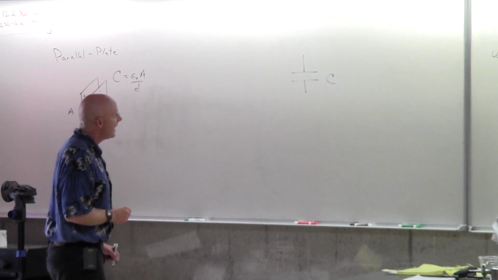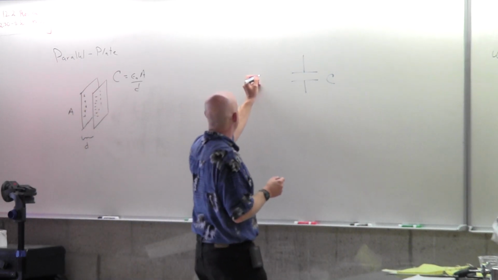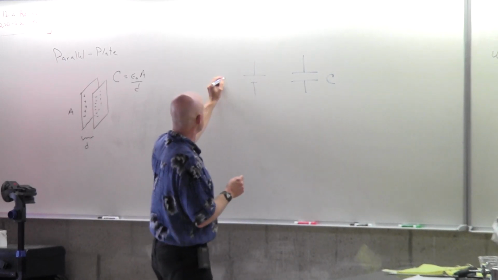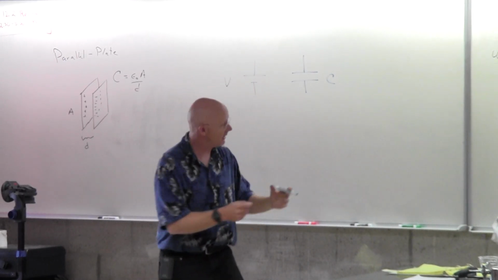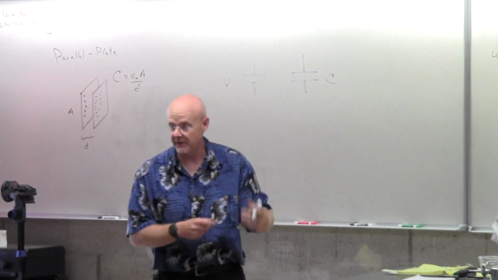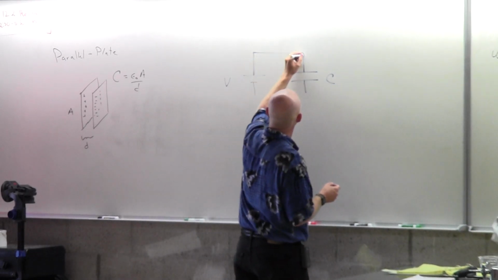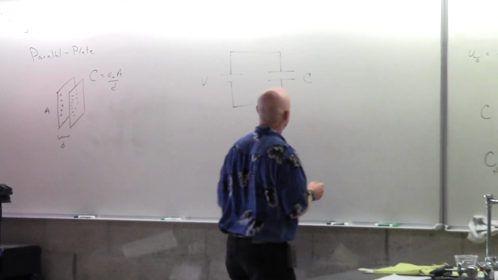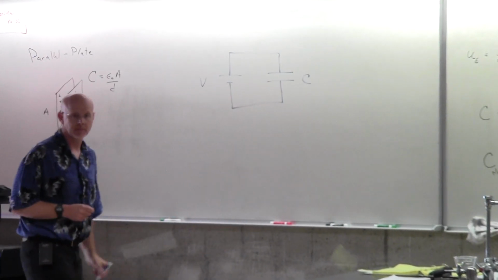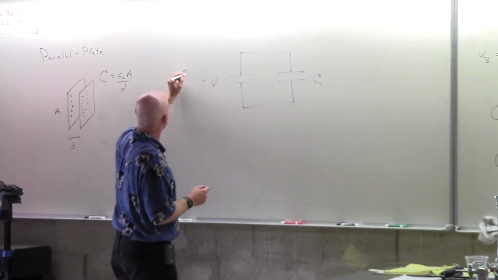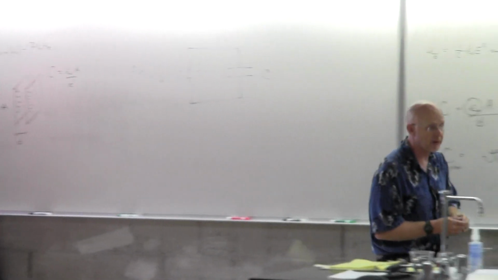Then, if I were to hook that to a power supply, a power supply that is not too much voltage, so that we don't exceed the dielectric strength of the material, and I connect it, what will happen? And maybe I should just say, let's say this is 5 volts, because I actually really want to hook it up here in a minute.